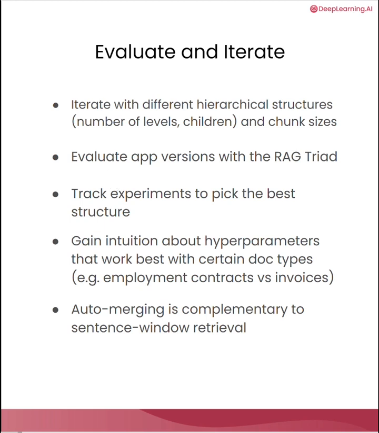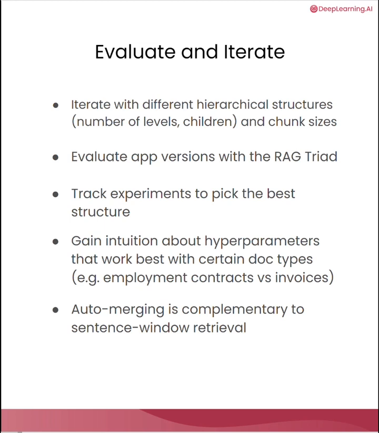That brings us to the end of lesson 4. We have observed that with advanced RAG techniques such as sentence windowing and auto-merging retrieval, augmented with the power of evaluation, experiment tracking, and iteration, you can significantly improve your RAG applications.